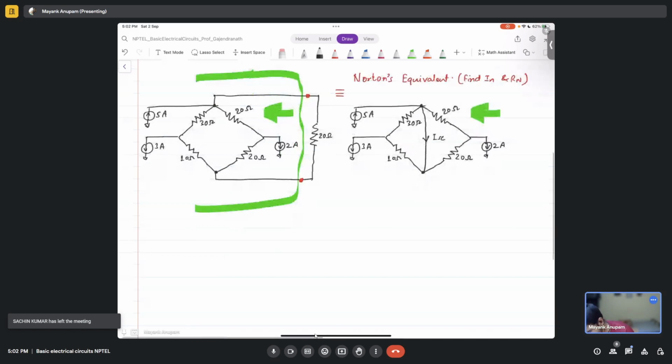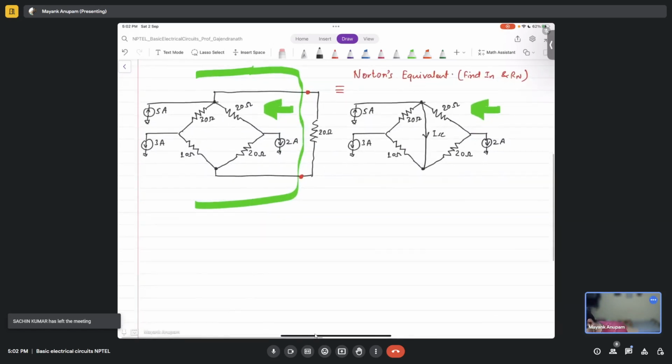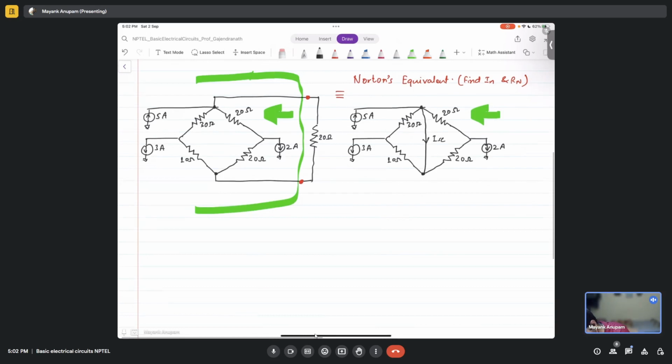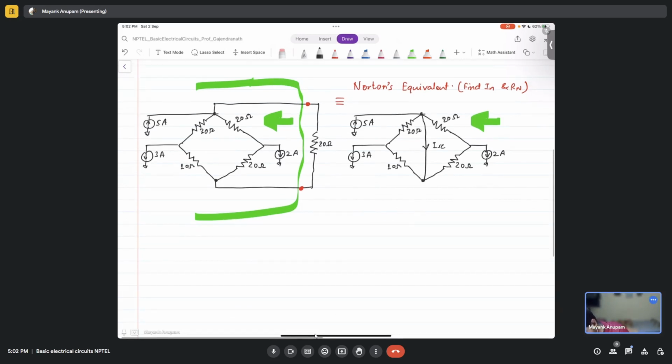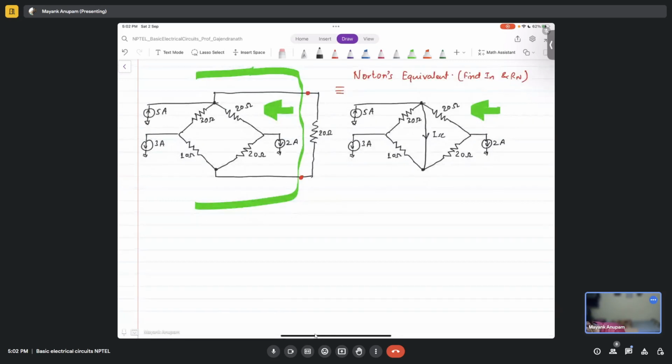Alright, so this is not a big problem. So you can choose anything, node analysis, mesh analysis, whatever you want. I'll simply choose mesh analysis or nodal analysis here, since these two nodes are anyway shorted, so it will be much easier to find the equivalent resistance.